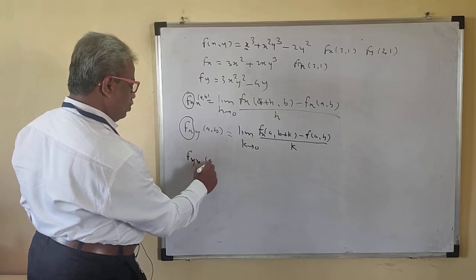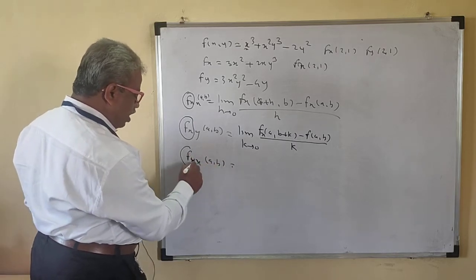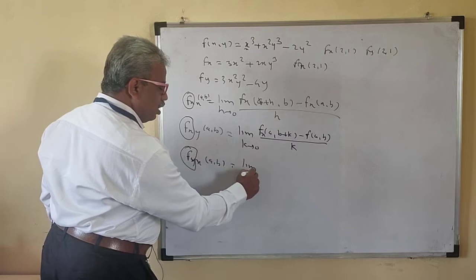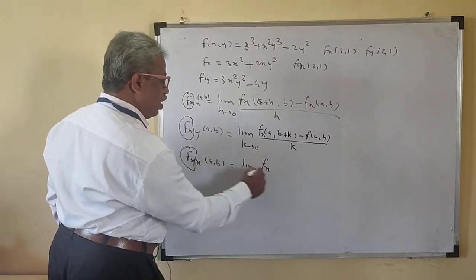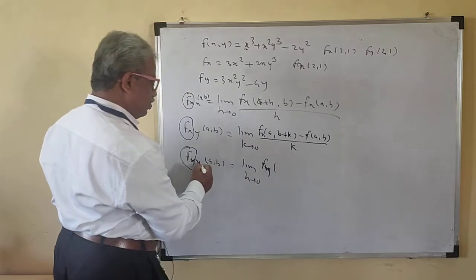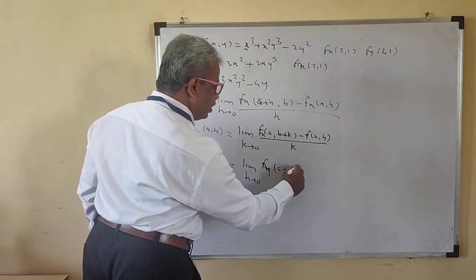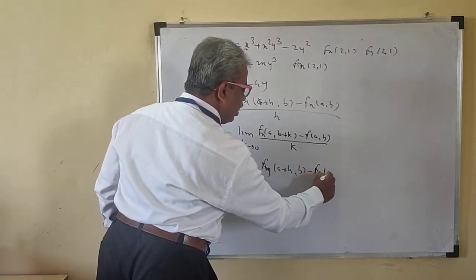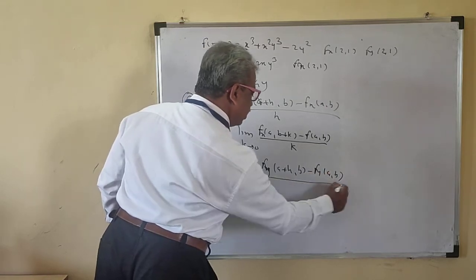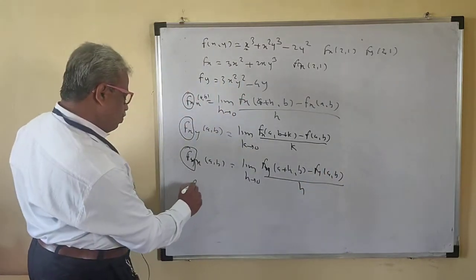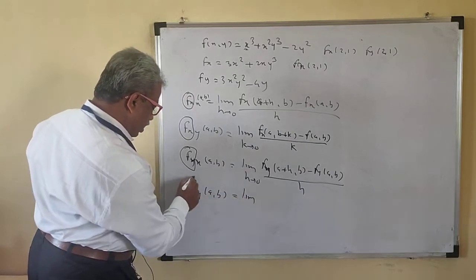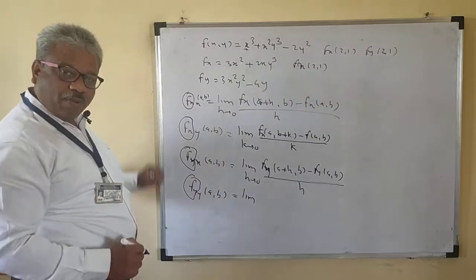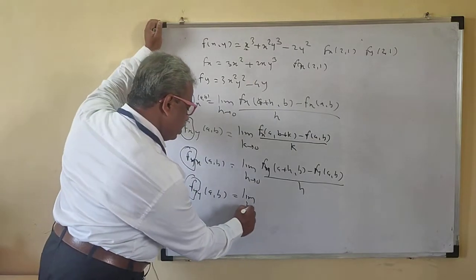Then fyx, suppose. You are differentiating fy partially with respect to x. So this is limit h tends to 0, fy of a plus h, b minus fy of a, b upon h. Then fyy. This is a second order partial derivative. You are differentiating fy partially with respect to y. So this is limit k tends to 0.